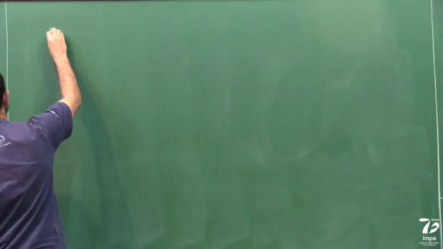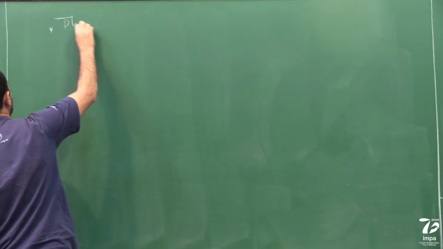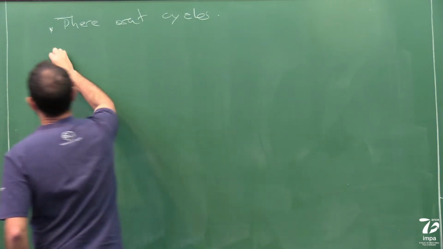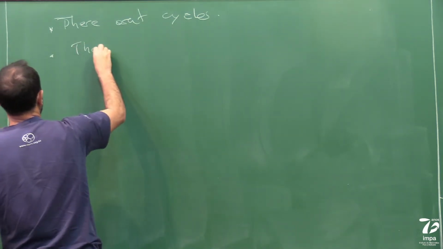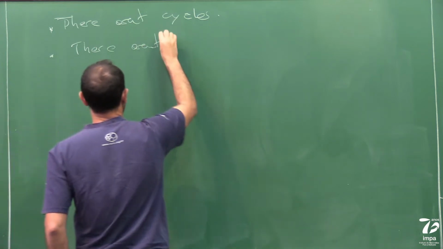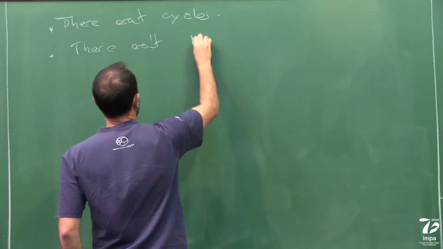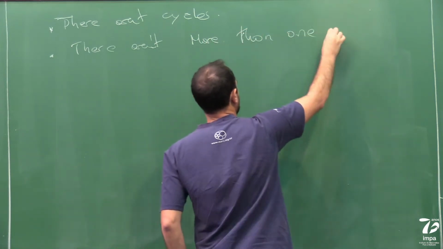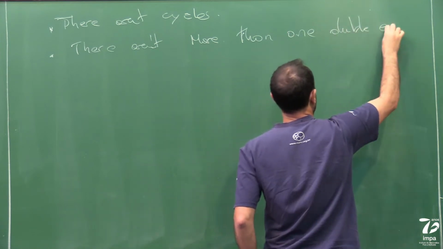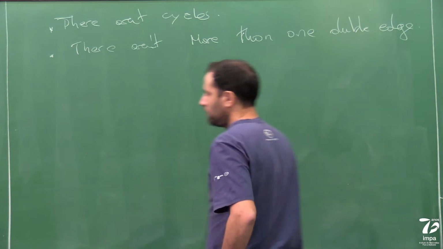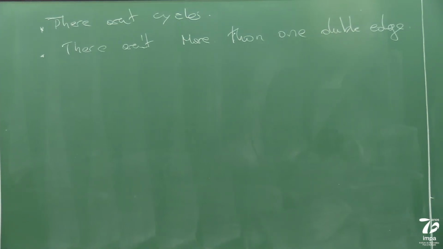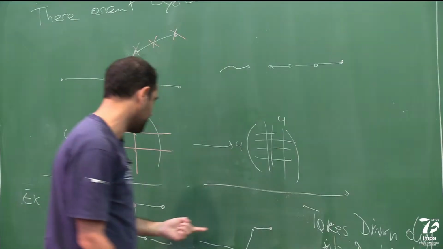So you check that there aren't cycles, and actually you check something stronger: there aren't more than 1 double edge. This is very simple. Once you prove that there aren't cycles, you check in this form.